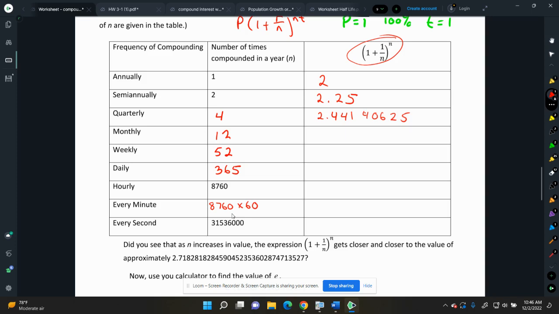Okay, how about monthly? Who's got that? 2.613035295. Okay. 2.69259695. Daily? Who has daily?